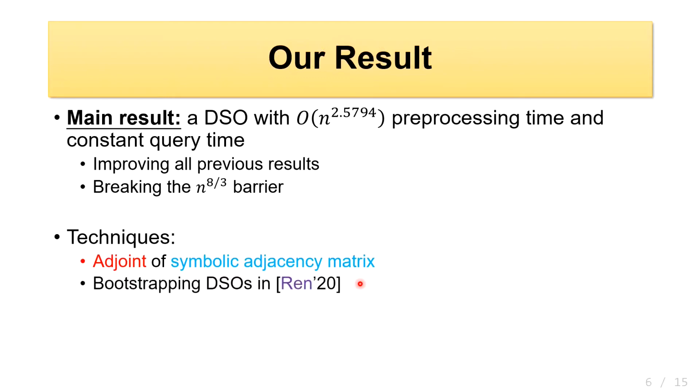We also need the previous technique of bootstrapping the DSOs from my previous ESA paper. And finally, we need something called unique and consistent APSP. I will explain this item at the very end of this talk, but the main focus of this talk should be the first technique, the adjoint of the symbolic adjacency matrix.